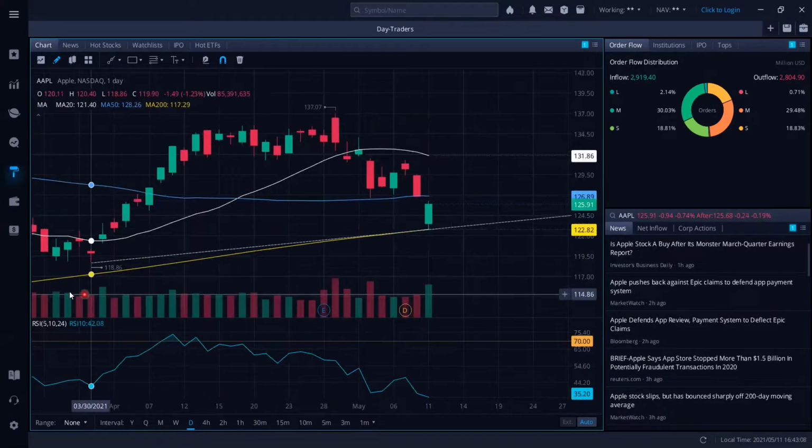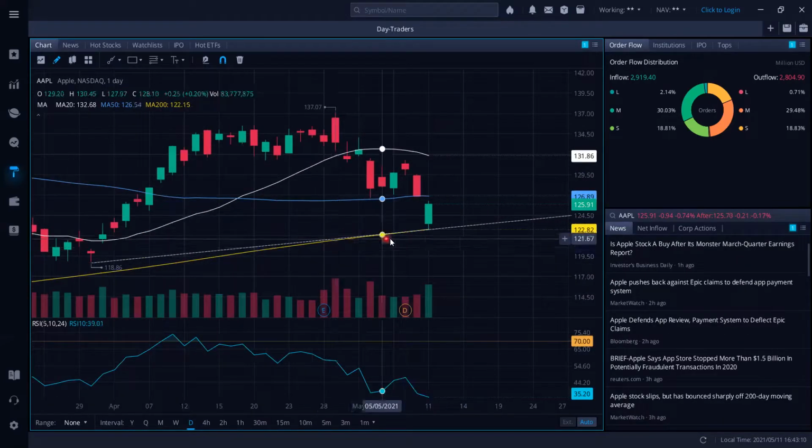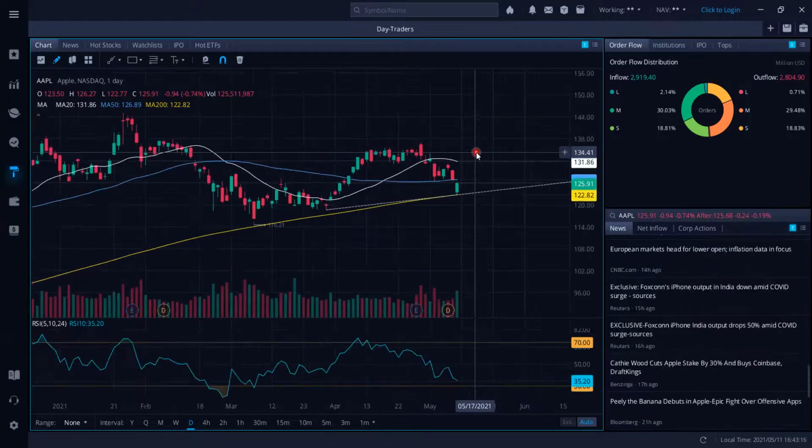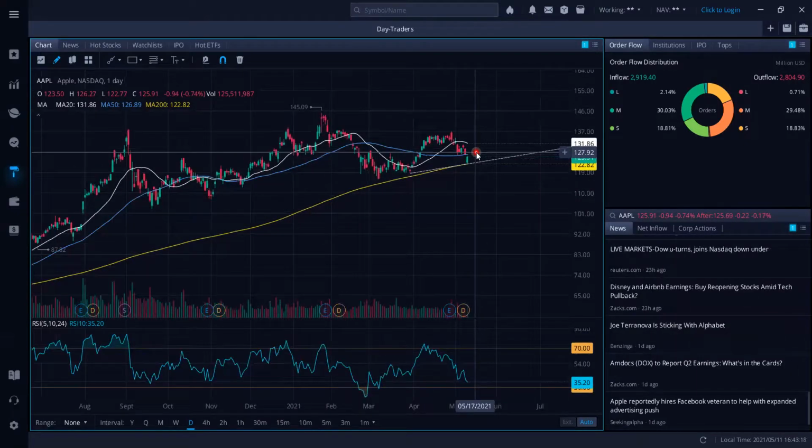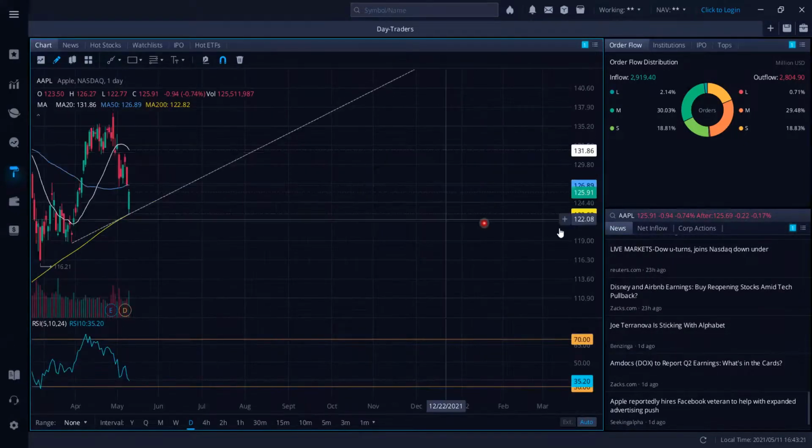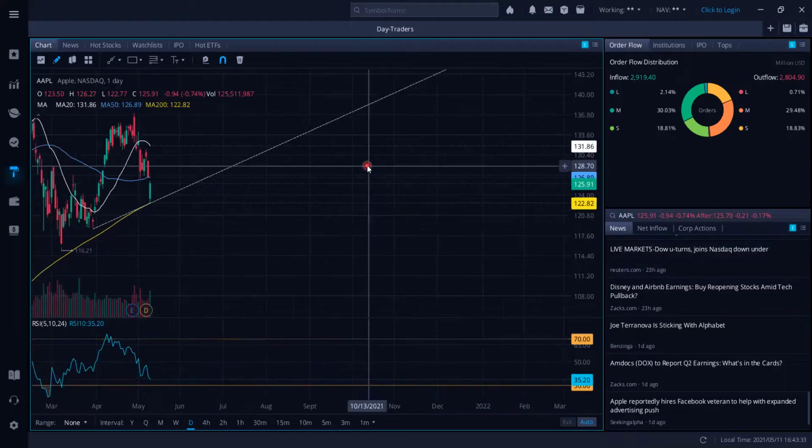Is it a coincidence that this trend line met up with the 200-day average right here and the stock found some support? No. So I would want to be somewhere around here, maybe even lower, maybe 119, 120. I'm in the money. Stock comes down a little bit. Cool, I got time. We're running off to the races.